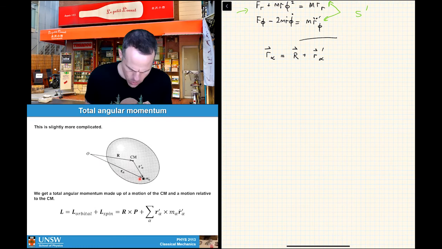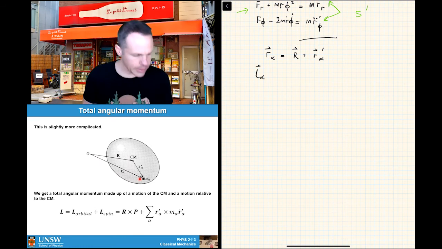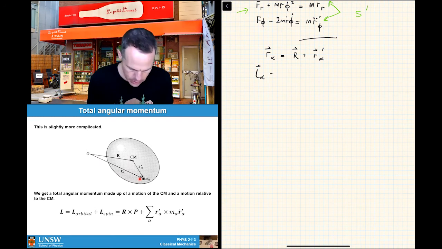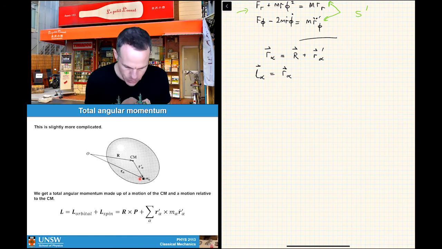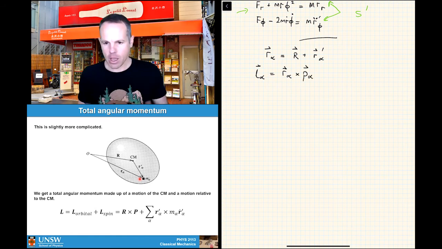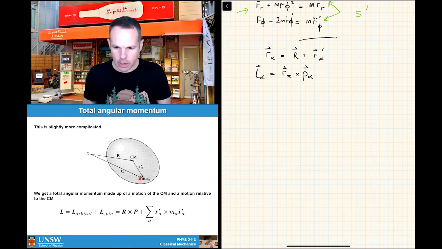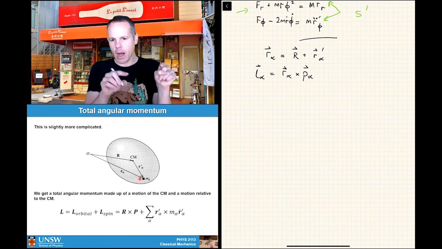And we know that angular momentum of a little individual particle here is going to be given by the position alpha cross the momentum alpha, okay? And you'll remember this definition basically working from first year. The other way to see it would be m r cross v.